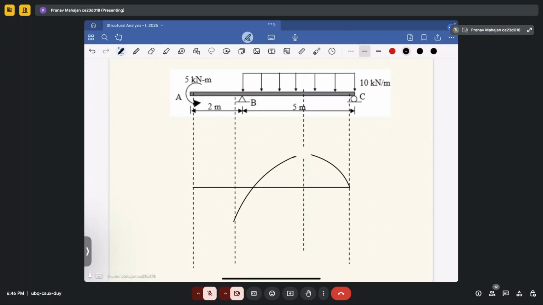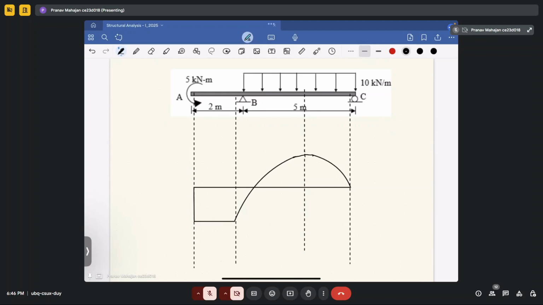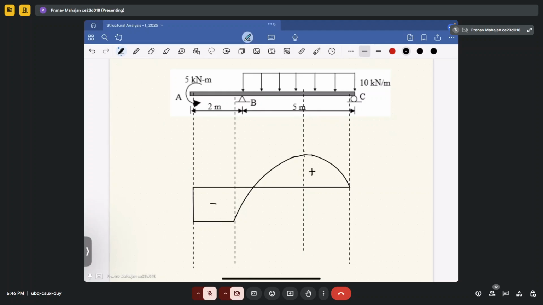And then it will reach a value of 5 kilonewton meter. So this is how your bending moment diagram will look like. In this, you will get a maximum value of 28.8 kilonewton meter and minimum value of 5 kilonewton meter.